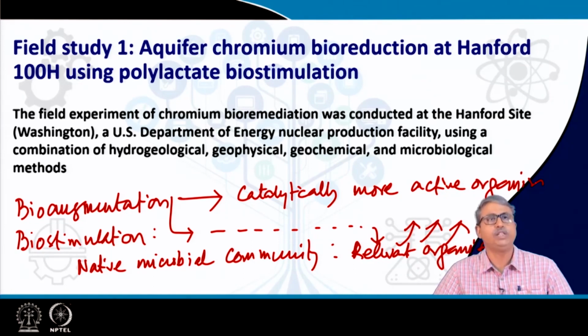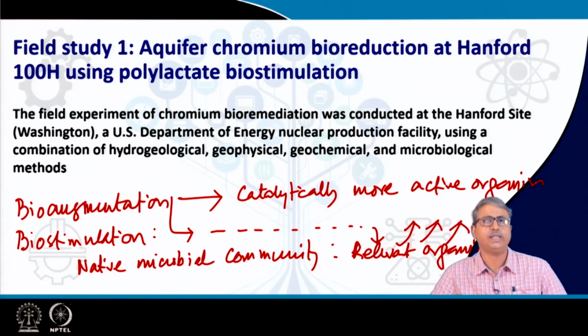So, we need to recruit organisms from external resources. We might have some mixed cultures or pure culture bacteria which are not ordinary bacteria; they are catalytically more superior, more effective and efficacious in terms of the particular reaction that is being targeted.